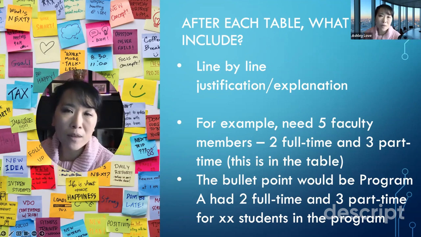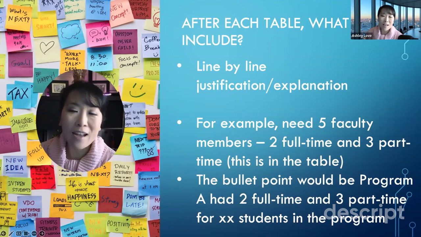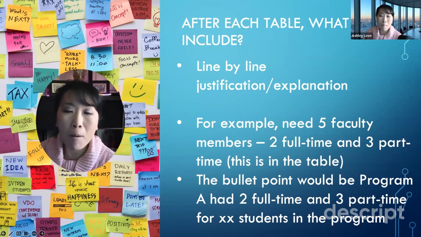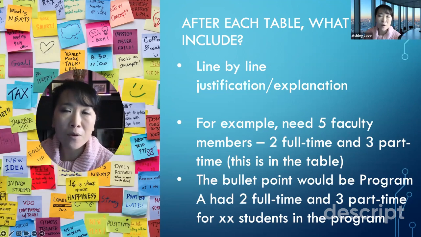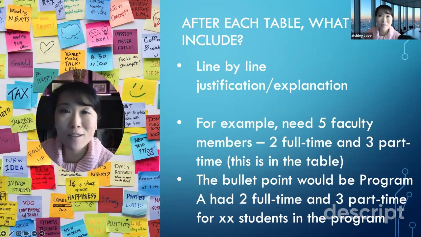The bullet point that you're going to have after the 7th edition table format that we talked about would be program A had 2 full-time and 3 part-time faculty members for X number of students. Let's say there were 200 students in the program. And then you're going to cite the program that you have looked at from assignment 1.